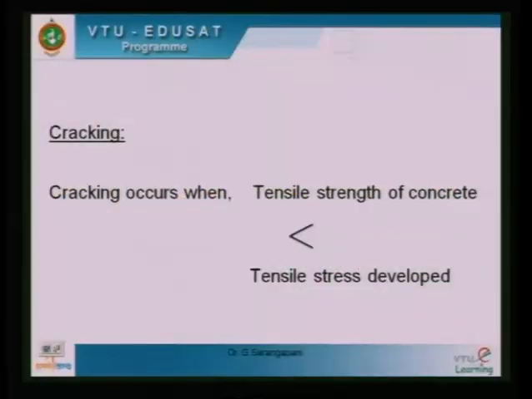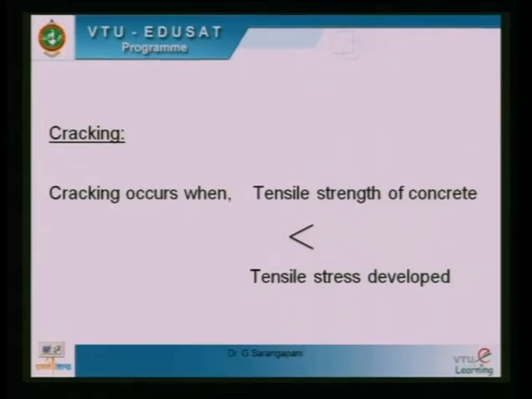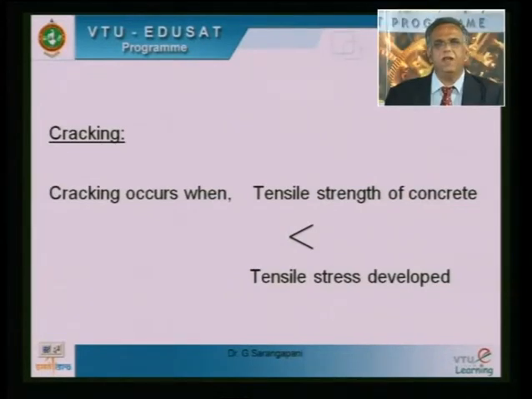Now, in the last class I mentioned that the limit state of serviceability consists of both deflection and cracking. Deflection has been already covered, but now let us concentrate on cracking. Probably you might not have seen any house without any crack.